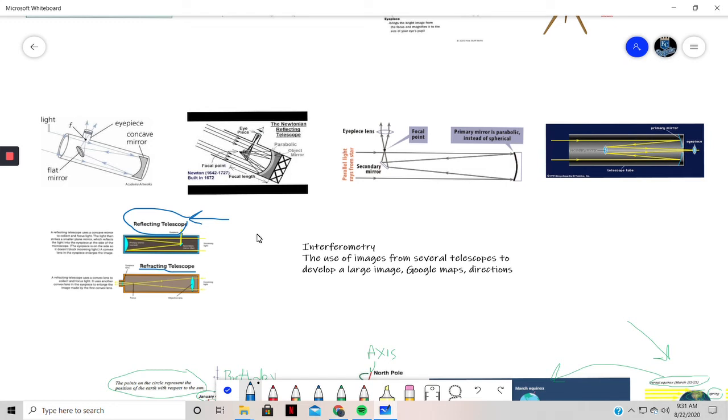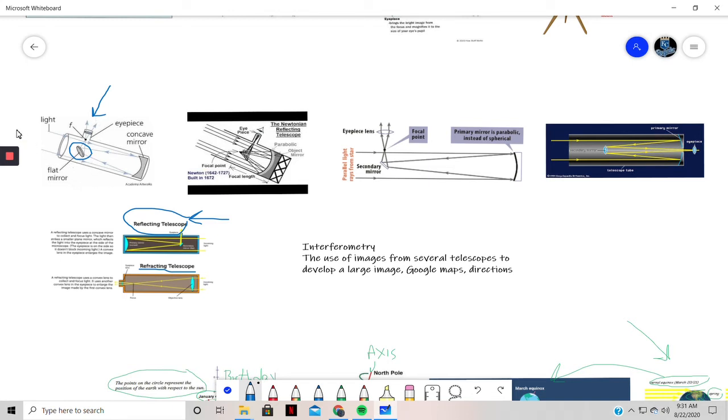So the way reflecting telescopes look, let's look at this one over here. Now this one, reflecting, you look into the tube from the top. And the reason it's called reflecting is because it has this mirror in here that sends the image up to your eye.